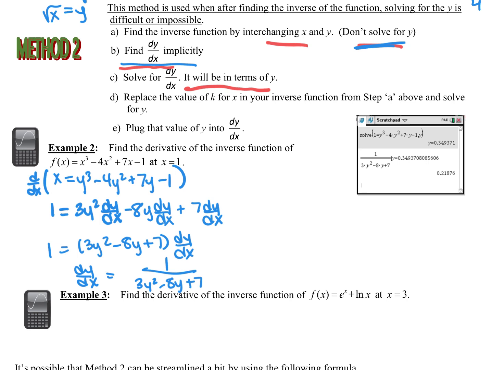And then we're looking for the derivative of the inverse function at x equals 1. So here, this is the derivative. Well, I'll just write it down here. So this right here is dy/dx. So this is the derivative of f inverse for the y value.